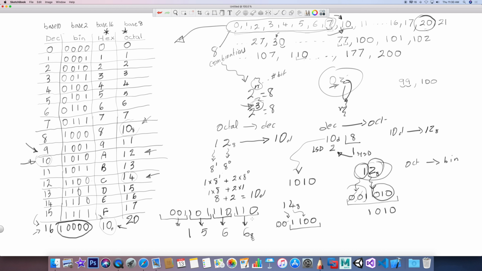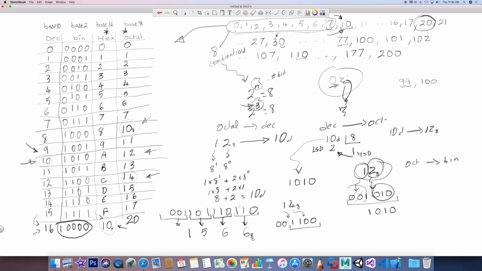So don't be surprised if you see systems that work with the octal counting system. There are some computing systems that still use that. Hex is much more prevalent. But that's overall how these conversions are done, how these numbers are represented, how you count either in decimal, binary, hex, and octal.